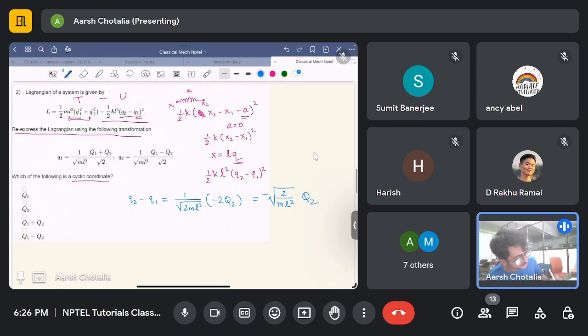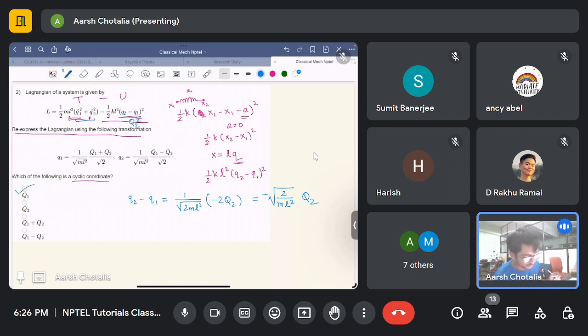So this term is Q2 square, and the Lagrangian will have Q1 dots and Q2 dots and nothing else because they are just linear combinations of those two. So there is no Q1 in the expression of the Lagrangian. So as someone pointed out in the earlier question, Q1 would be your cyclic coordinate.